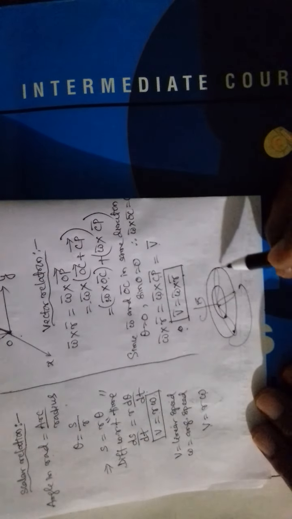Even though it describes a larger circle, it takes the same time to complete one rotation. Why? This particle and this particle are on the same blade. Therefore, whether it is a particle nearer to the axis of rotation or farther from the axis of rotation, it takes the same time to complete one rotation.